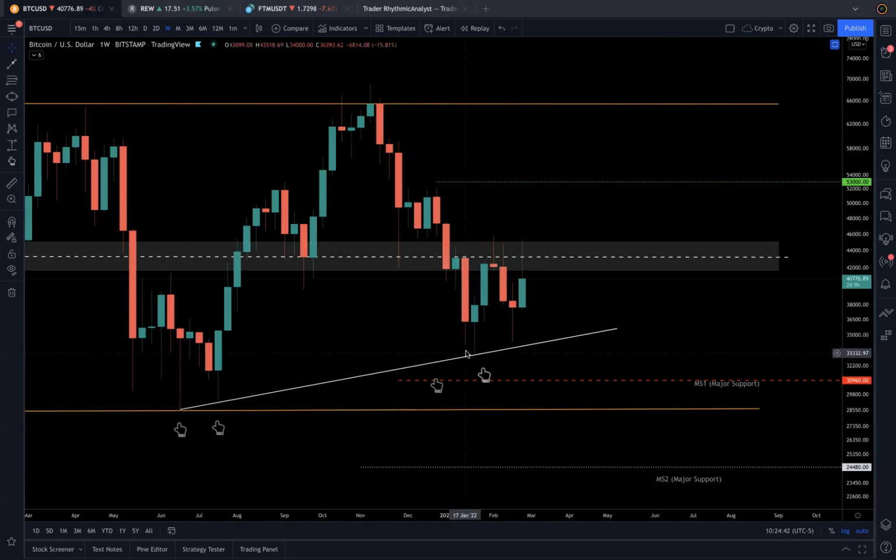If you compare this low with this low, this high with this high, and this bounce with this bounce, there could be another downside move equivalent to this one that touches the white line again and then shoots up. It is a possibility. So when I'm tracking weekly, I would emphasize more on this white line, at this angle, because it has been effective.